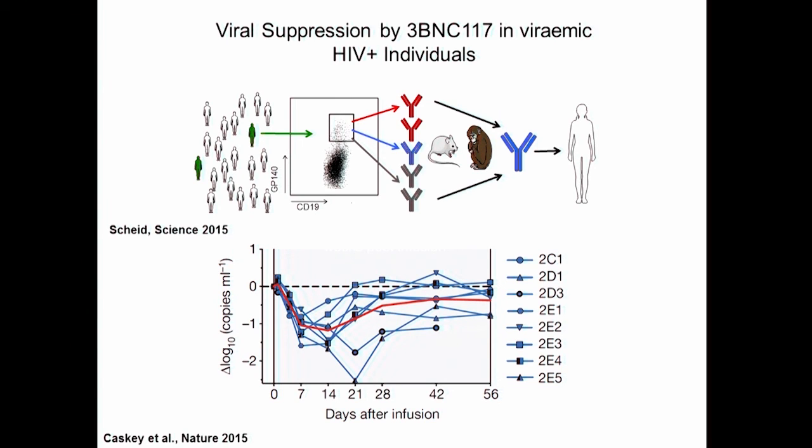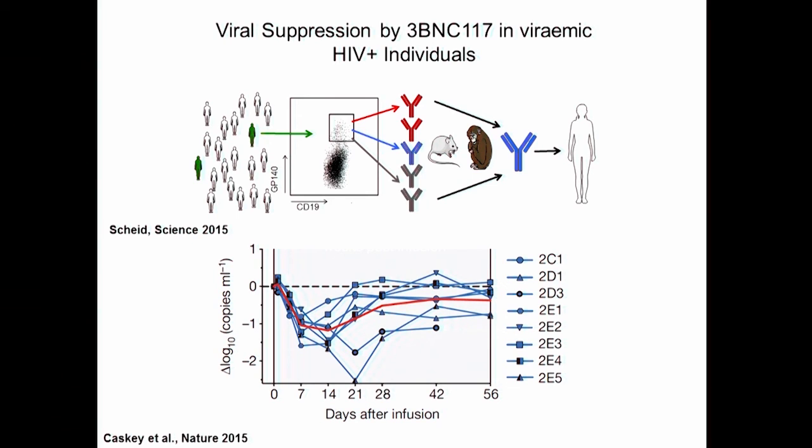Now, another benefit of these studies was that we were able to look at some of these different antibodies and figure out which ones would be the most promising candidates to move ahead and do human trials with. One of those antibodies we're going to be talking about today is 3BNC117.